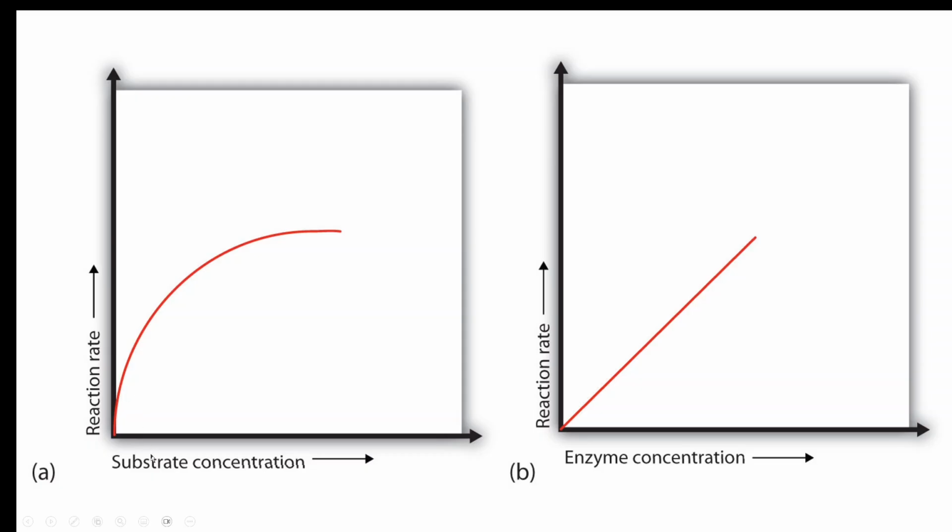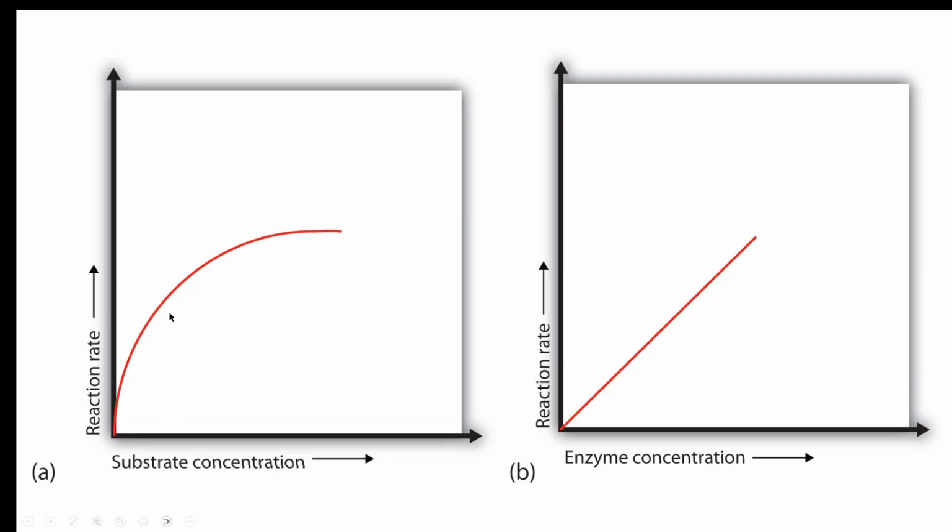So no clear units, but we know that as we increase the substrate concentration, the reaction rate will increase as well until you get to a specific point, and then it'll kind of level off. The reason for this is because there's a specific number of enzymes that exist within a cell. At a certain point, increasing the amount of work available to do doesn't mean you're going to output more product.